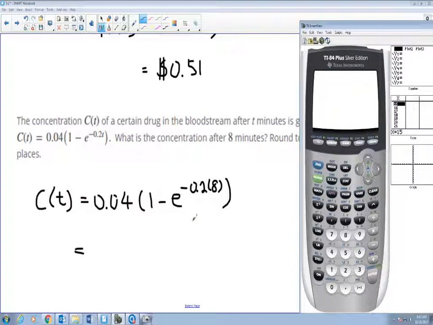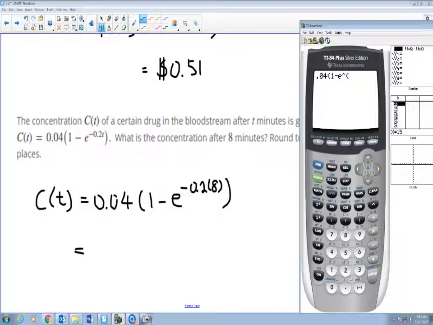The problem doesn't offer any type of units, so I have no idea what this 0.04 represents, just some type of concentration, how much medicine or drug is still in the bloodstream. In the calculator: 0.04 times 1 minus second e to the x.